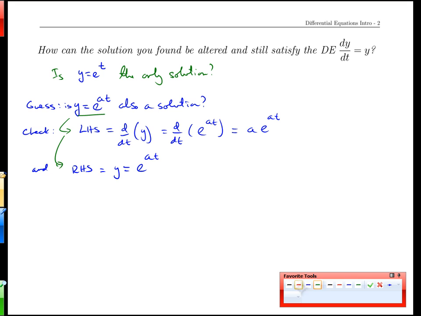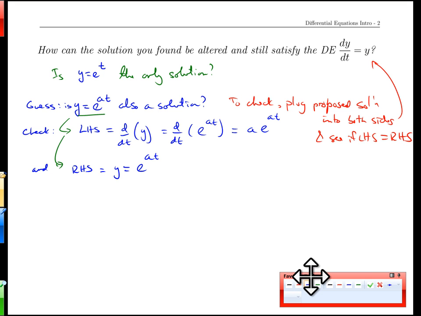So what we've done here is we've just plugged the proposed solution into both sides of the equation, and see if we get the same thing on both sides.